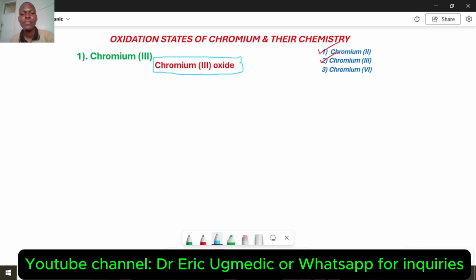So the first one is that chromium 3 oxide has other names. It can also be called chromia. These are not normally used, but for your understanding, and which you may find somewhere in any given mock, they may use these other names, chromia, or it can also be known as chromium cis-oxide.